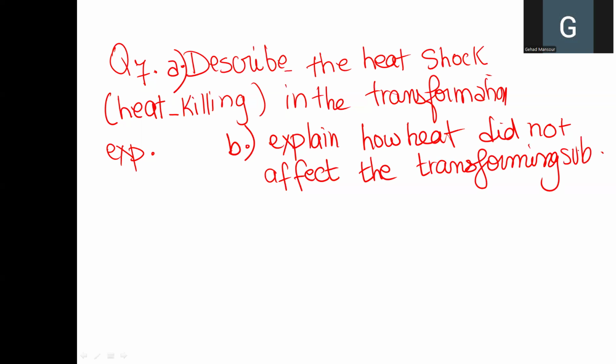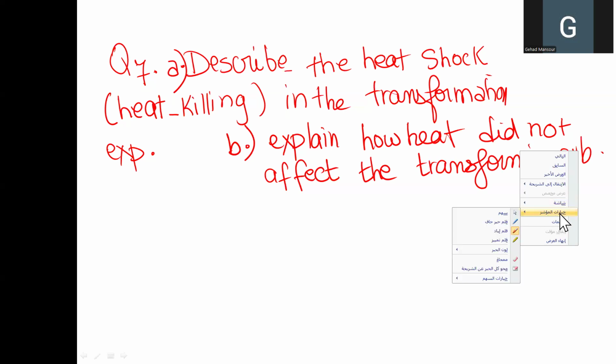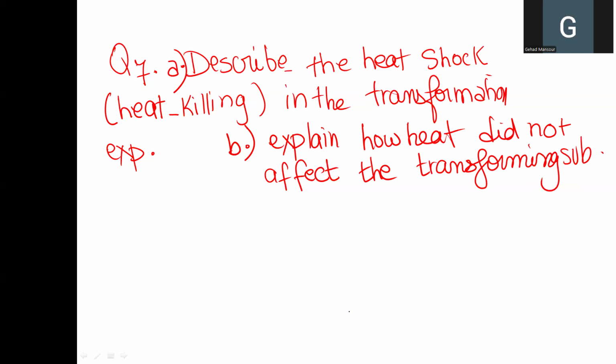So first of all, we describe the heat shock. Why do we call it shock? Because it's like pasteurization of milk, meaning that we put in ice and then we heat. So there is this very paradoxical change in temperature.